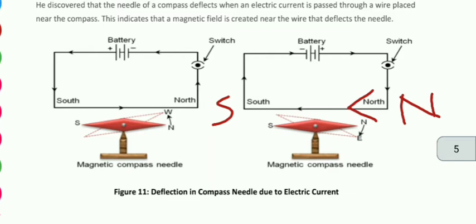From this we can conclude that the magnetic field depends on the direction of flow of current. According to this, the different pole of the magnetic compass needle gets deflected towards the wire. Clear, everyone?